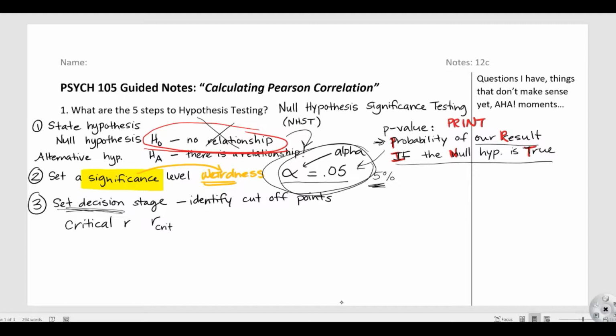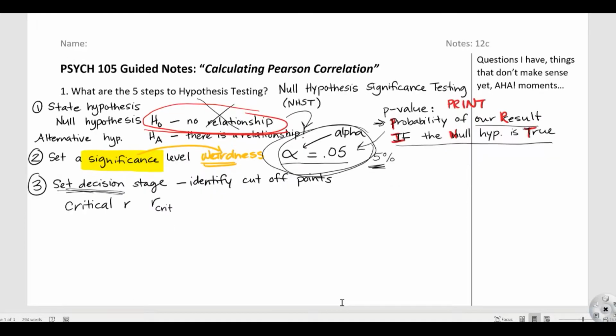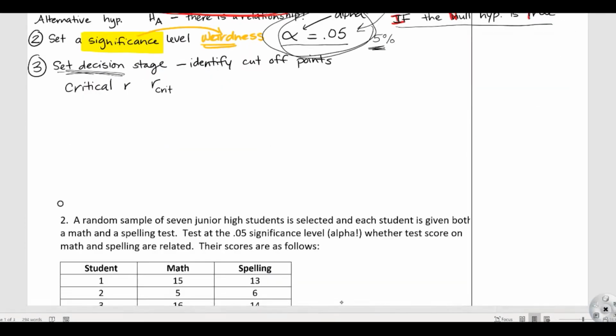And so when we get down to step 5, I'll kind of reiterate, how do we make this decision? Now, step 4 in our process is to use our sample to calculate the statistic, right? Remember, samples have statistics, populations have parameters. So we're going to use our sample and calculate whatever statistic we're interested in for that particular analysis.